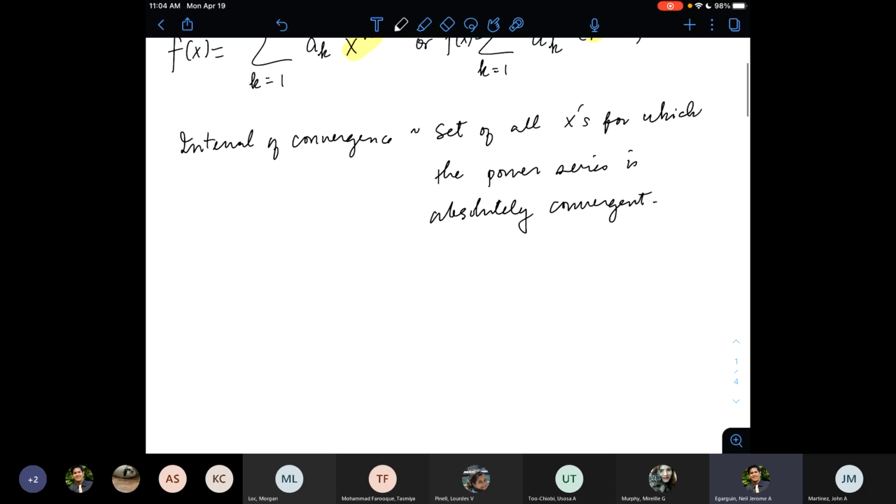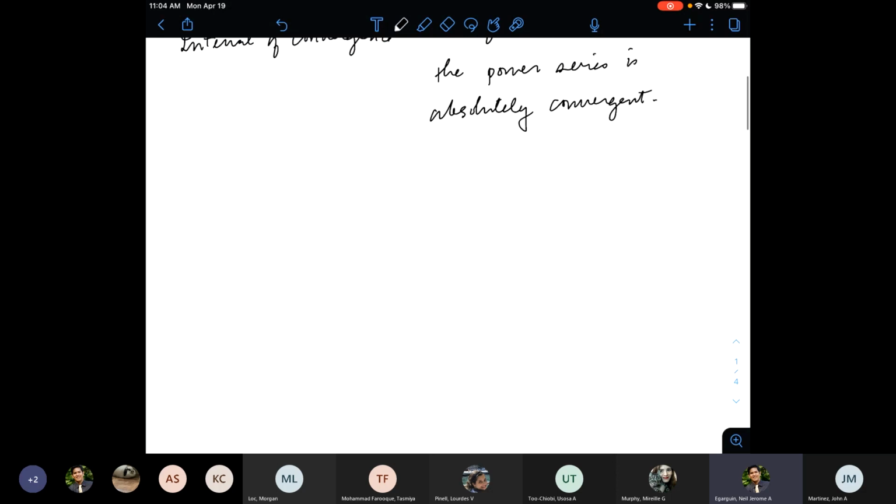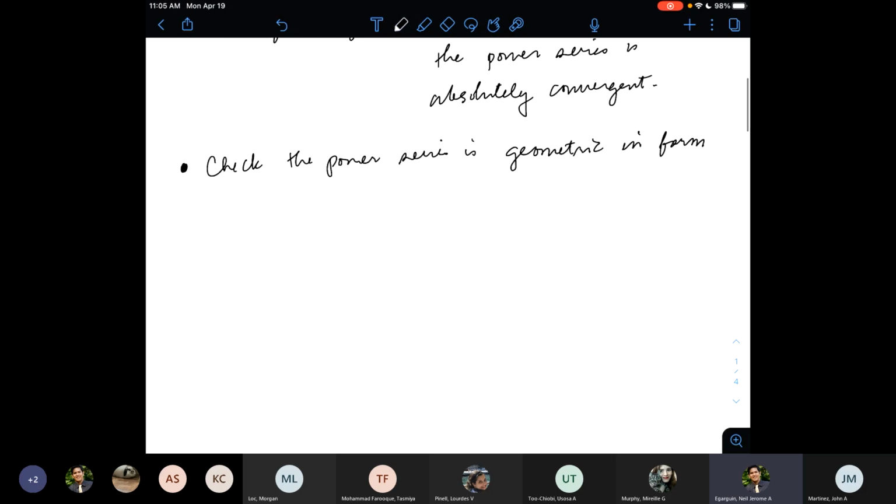I can think of three tools that we can use in order to determine this interval of convergence. The first one would be to check if the power series is geometric in form. Because if it's geometric in form, it will look like the summation of a constant times x to the power n, where the sum goes from n equals 0 to infinity.